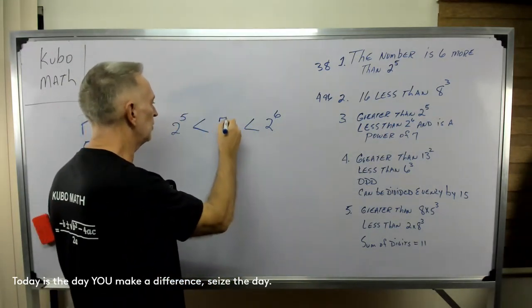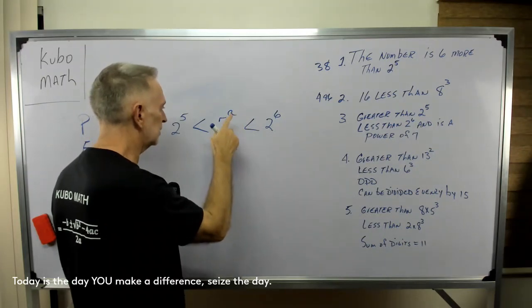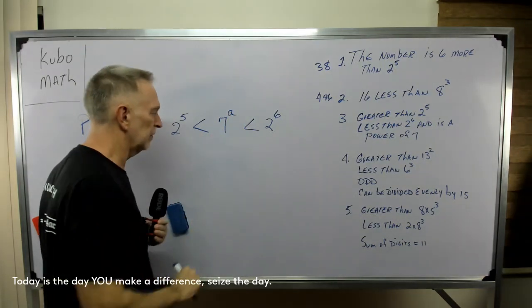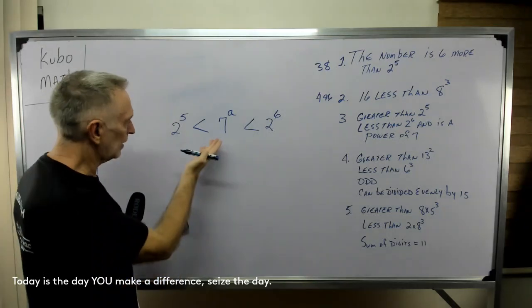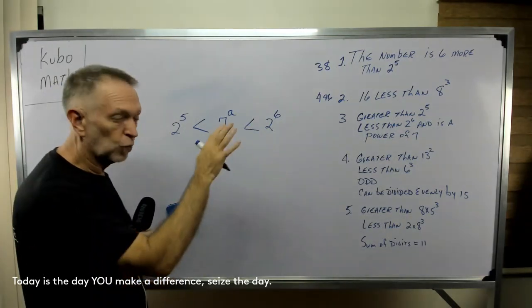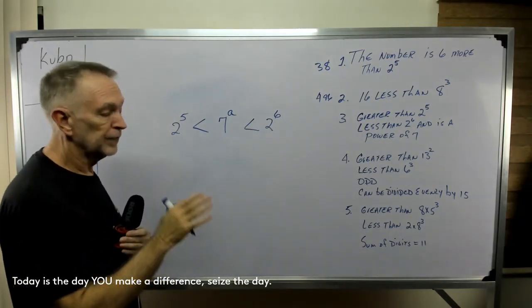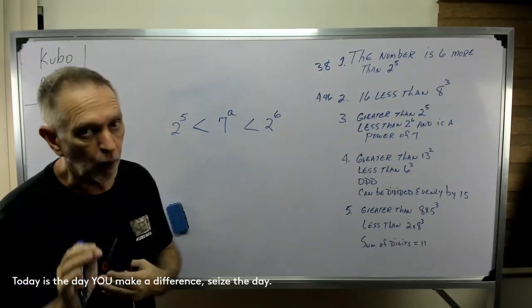So the number I'm looking for, A, is a power of 7. So mathematically, that's what those words are telling me. And that becomes very important.